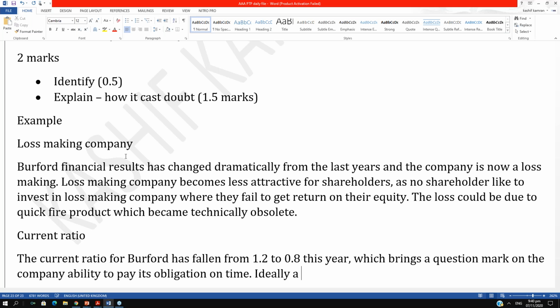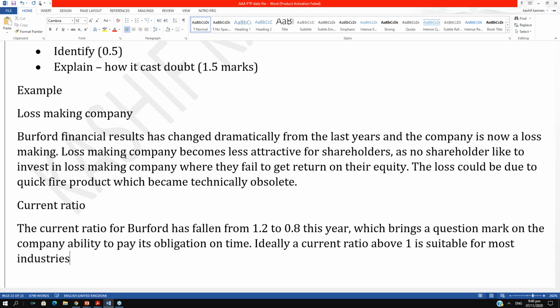Ideally, a current ratio above 1 is suitable for most industries, and a fall below 1 sends panic among creditors of the company.